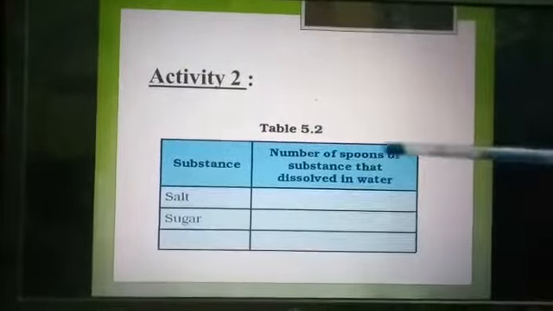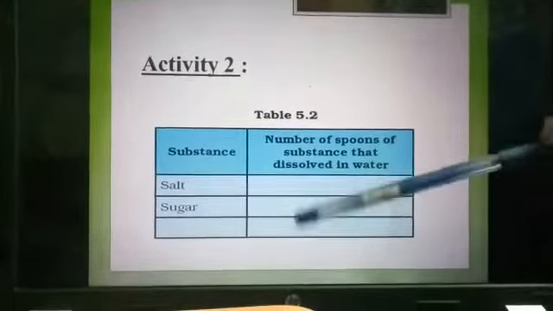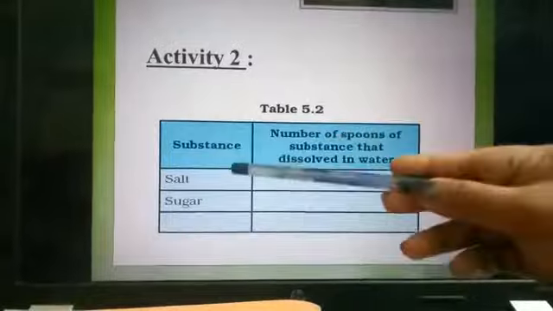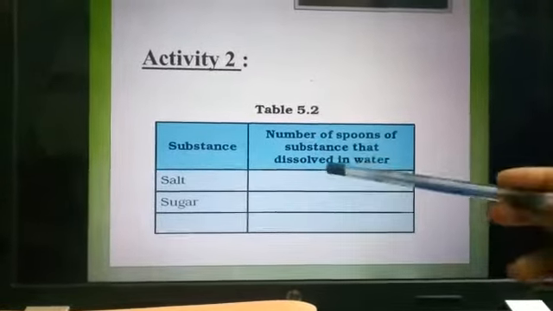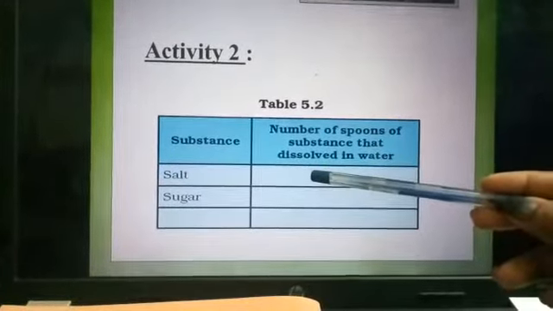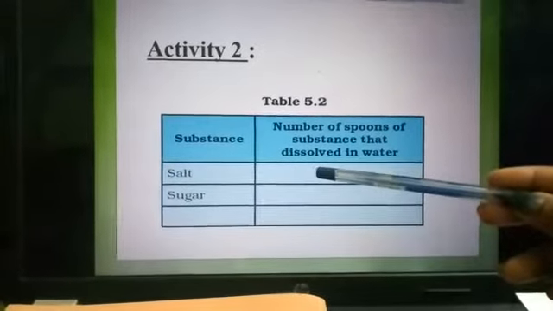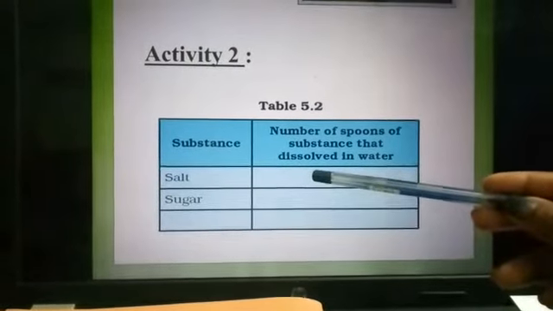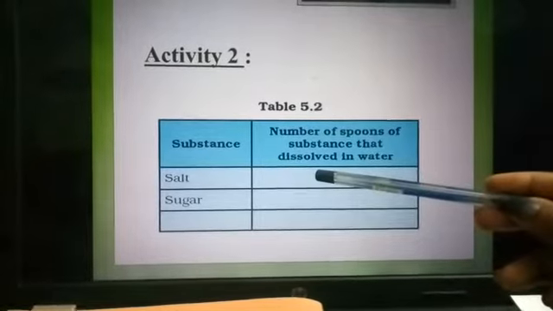It's the number of spoons of substance that dissolve in water. For salt, the number of teaspoons for me is 3. Because 3 tablespoons of salt fully dissolved in water.